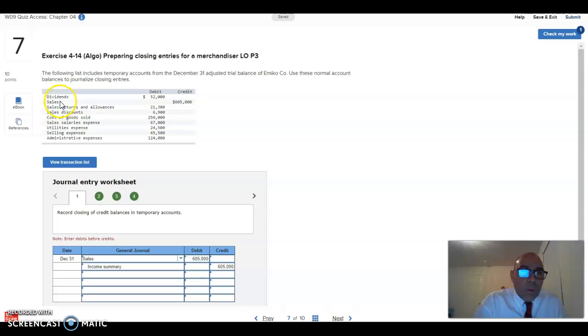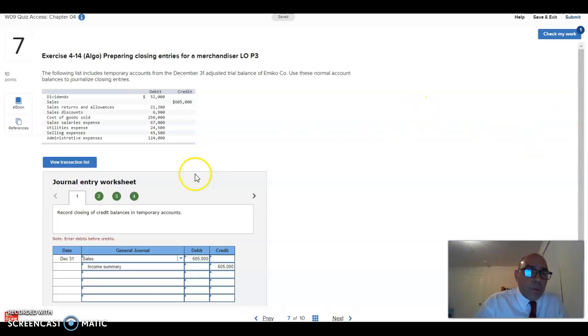So we put sales on the debits with the balance, which is $605,000, versus the income summary on the credits. I forgot to tell you, it's step number 1, called close credit balances in temporary accounts to income summary.